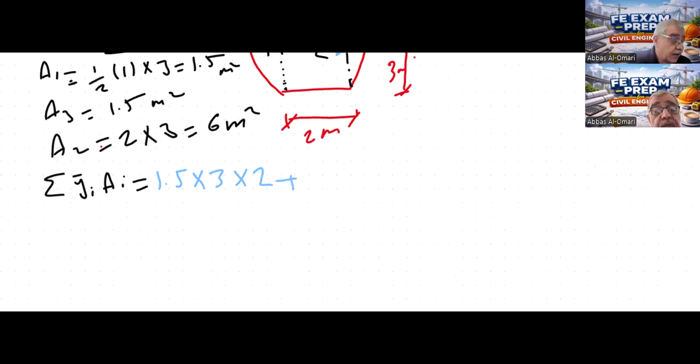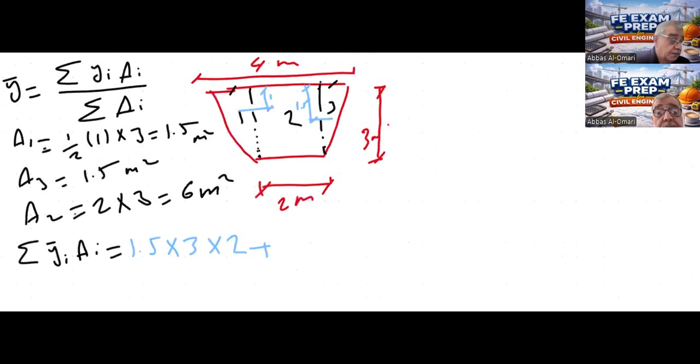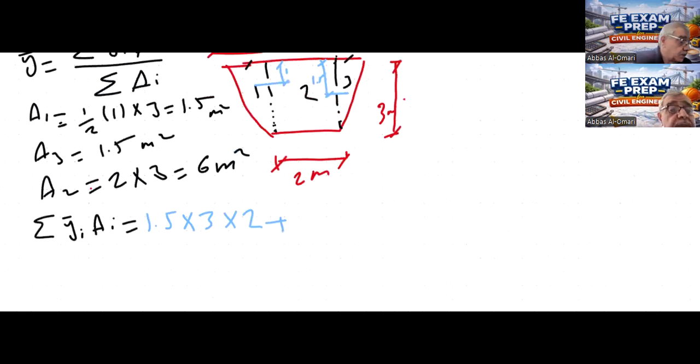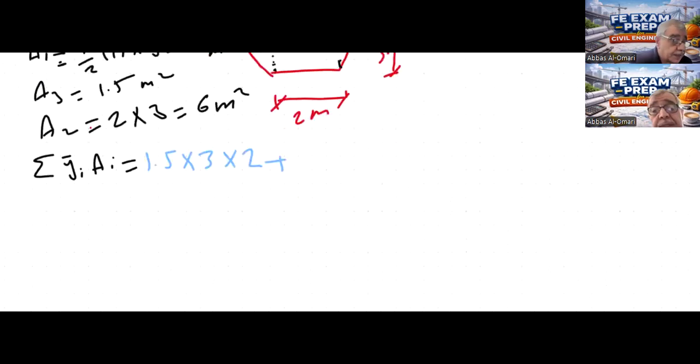Okay, this is 1.5. Let me just check that I did the multiplication correctly. So the area is 1.5, right, by 2. And for the rectangle, the area is 6. And the Y bar is 1.5 plus 2, which is 3.5.